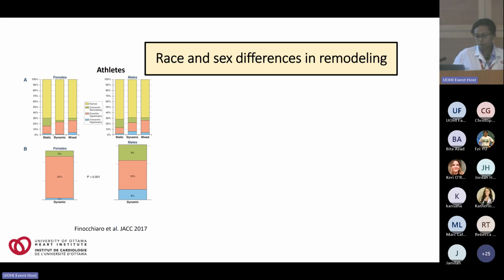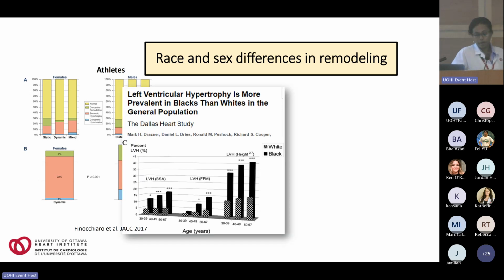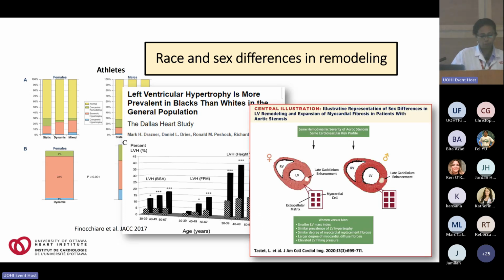Among the general population, as well as among hypertensives, Blacks were found to have higher LV mass compared to whites. And this was also true among different age groups. And among patients with aortic stenosis, for example, women were found to have more diffuse fibrosis and concentric remodeling than men.